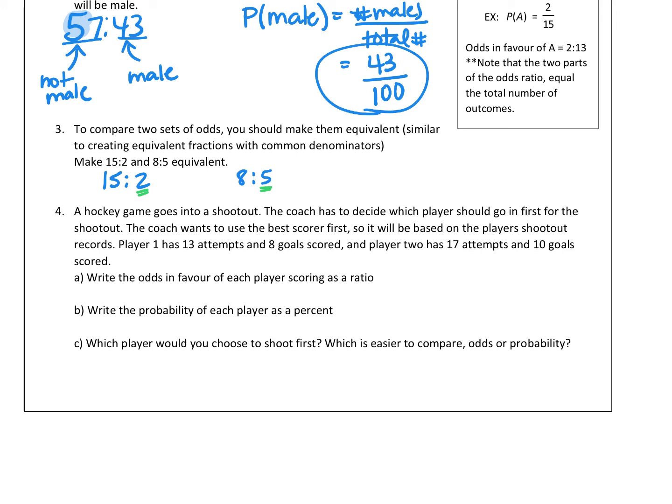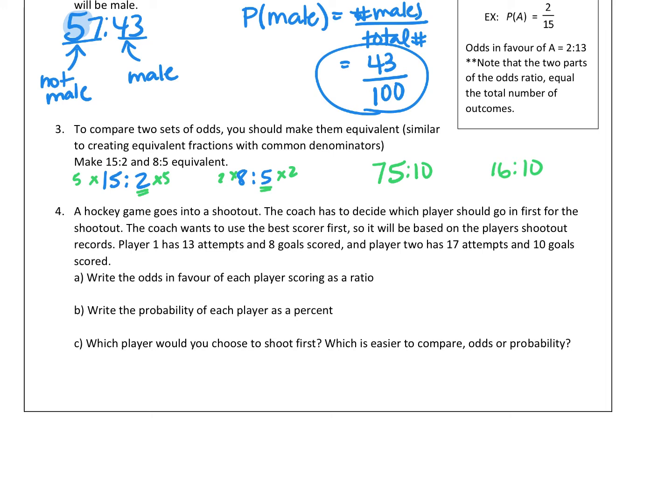A common denominator for 2 and 5 would be 10. So I'm going to multiply this statement by 5 in both terms and this one by 2 in both terms. So these become 75 to 10 and 16 to 10. Sometimes if you're comparing two situations, you might need to have equivalent odds.